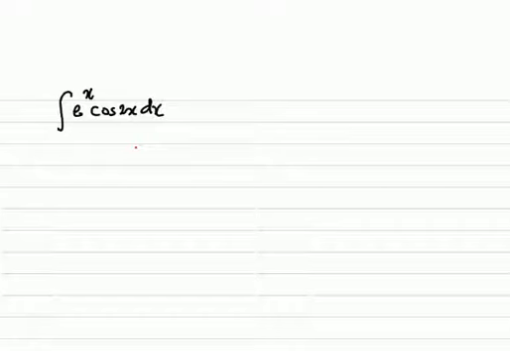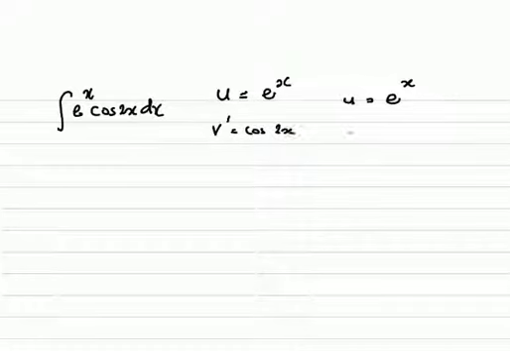What I mean basically, if I initially choose my u, in this case, to be e of x, my u prime is going to be e of x, and my v prime in this case is going to be cosine of 2x. My v is going to be sine of 2x divided by the derivative of the argument.